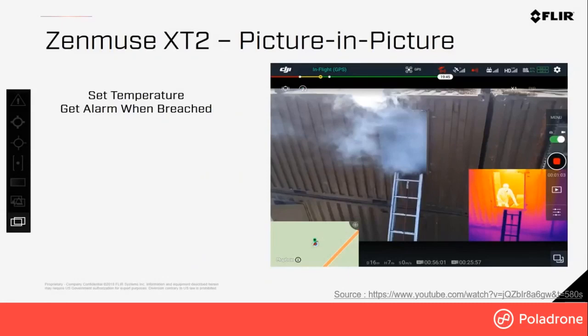As you see in the picture, this is a firefighting scenario, where they can see the people inside the box using the thermal view, and the RGB shows you the real situation.